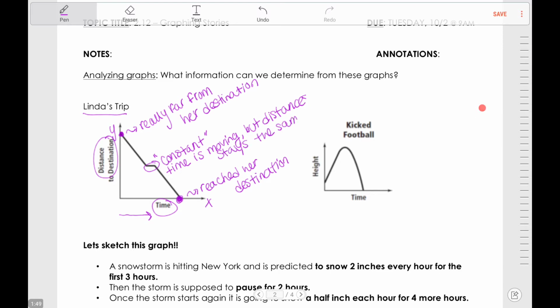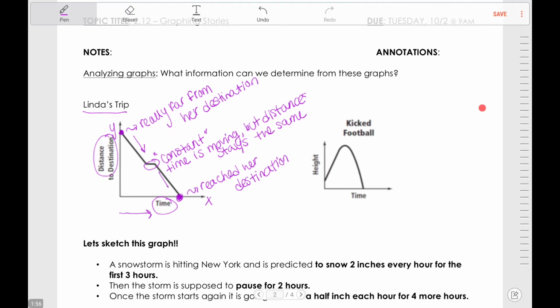Okay, so maybe she was driving, getting closer, and then at this point she stopped for gas, or stopped at a rest stop. Okay, and then she's driving, and then reaches her destination.